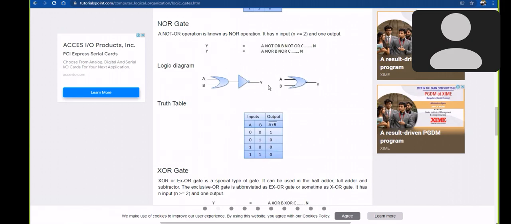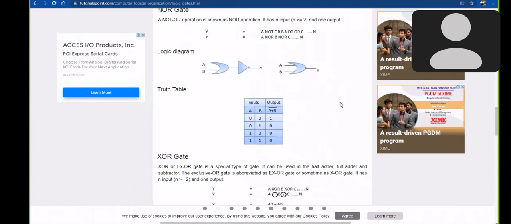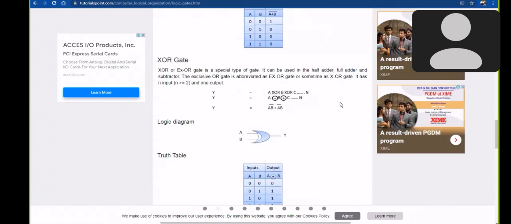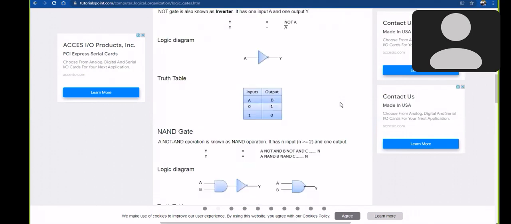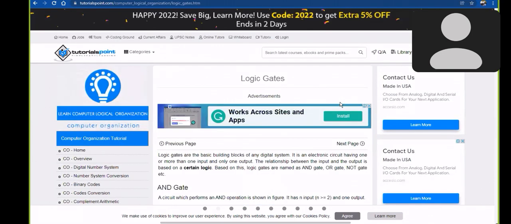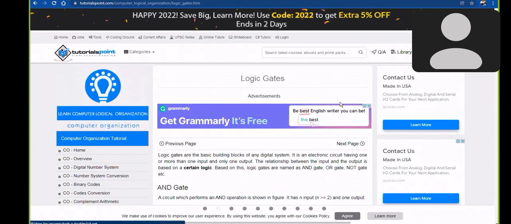So is there any problem in those logical gates? You have to add this point in your assignment also: what are logical gates, and what is the importance of logical gates in digital systems.